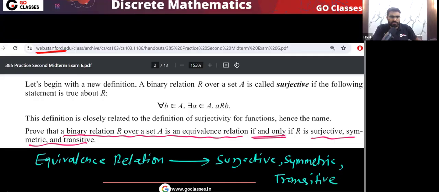And if you have these three things, then they will imply an equivalence relation. So finally, a relation is an equivalence relation if and only if it is surjective, symmetric, transitive. Is this clear? Please tell me.